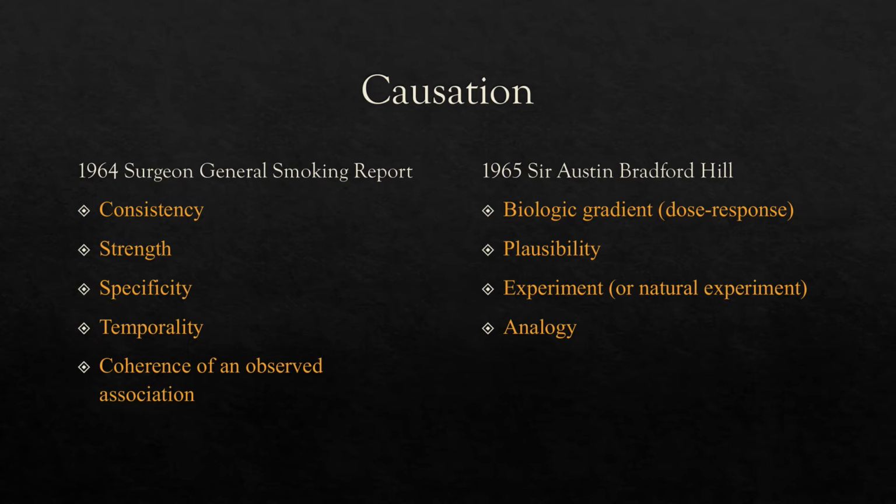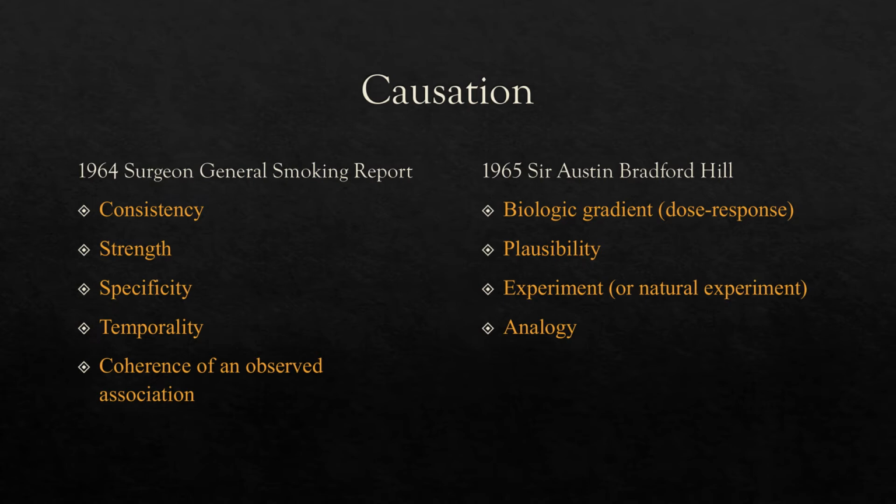And then experiment and analogy. So these are additional factors. Are they things that you can replicate? Can you make these things happen again and again and again consistently? That would indicate that it's a causative relationship and not just an association or just a kind of happenstance relationship.